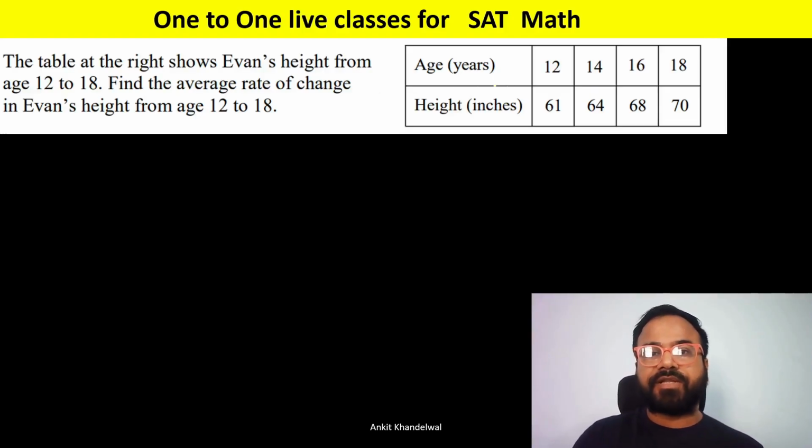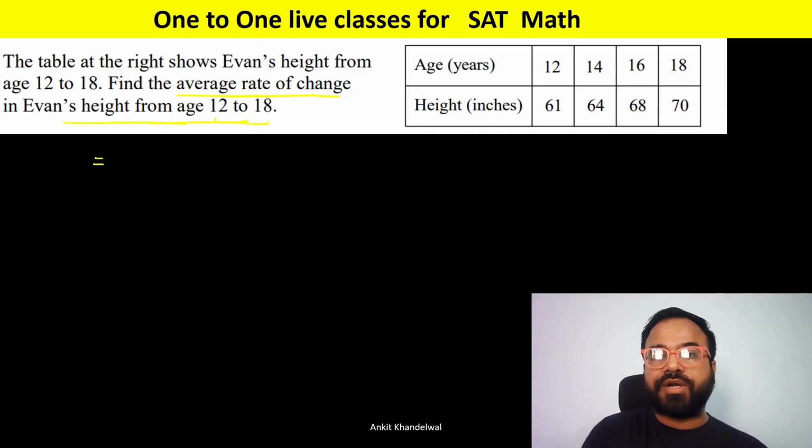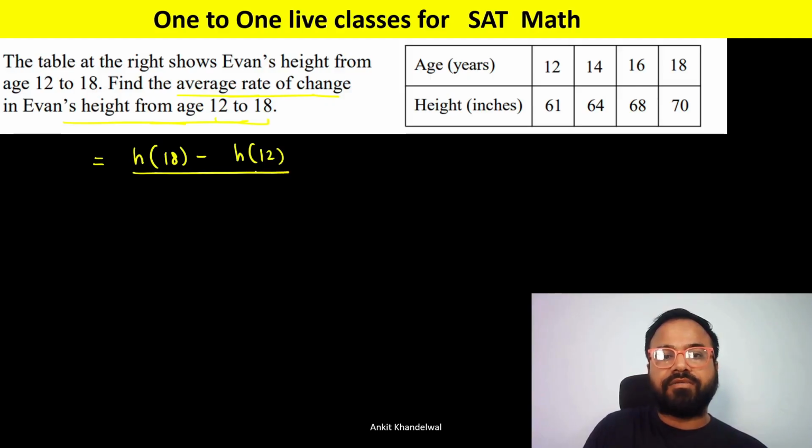It says the table on the right side shows Ivan's height from age 12 to 18. At 12 it is 61, at 14 it is 64, like this. Find the average rate of change in Ivan's height from 12 to 18. So what is the average rate of change in height? Average rate of change in height means change in the height over change in the year. So from 12 to 18, we calculate height at 18 minus height at 12, divided by change in the x value, 18 minus 12.